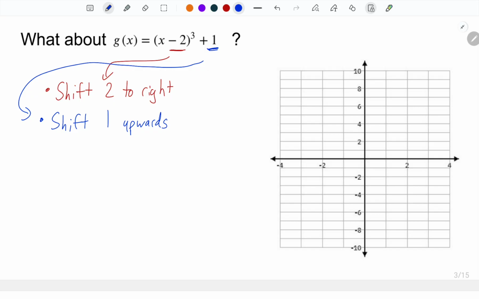Okay, and then just take that same graph from up above, and you could apply that here. So what I'll do here is go through the mapping notation. It's the way that I like to do transformations, and it just says, how does a generic point x, y on the original graph transform? We just said it shifts 2 to the right, so we can add 2 to the x value, and it shifts 1 upwards, so we can add 1 to the y value.